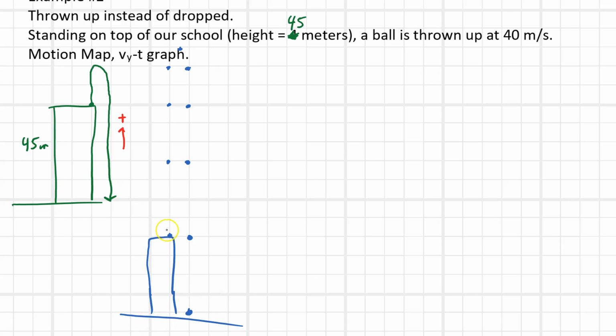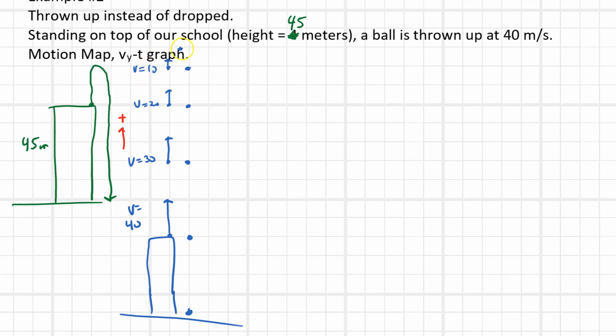So here, to begin with, it's going upwards fast at 40. And then it's going up at 30, 20, 10. Here it's at 0 at the top point. It's going to take 4 seconds to get there because it was going at 40, 30, 20, 10.